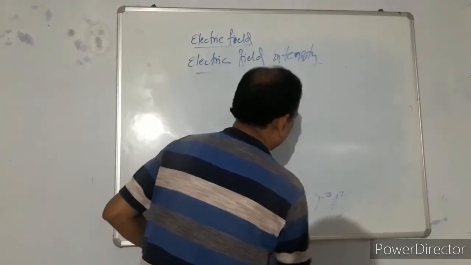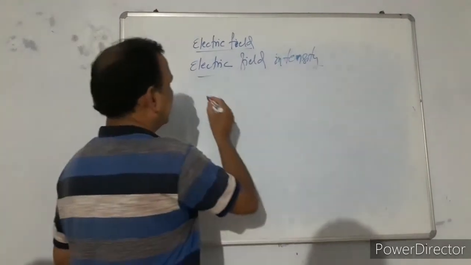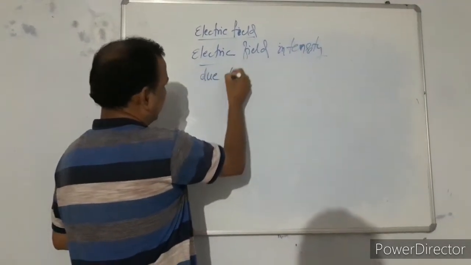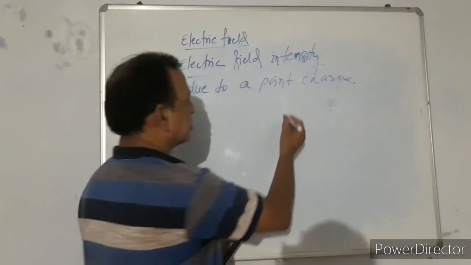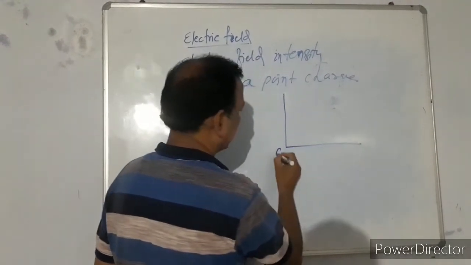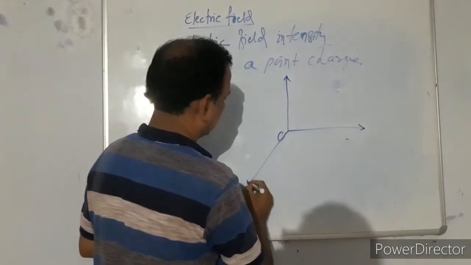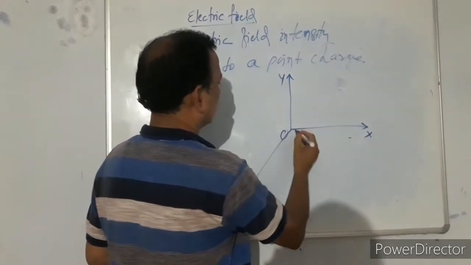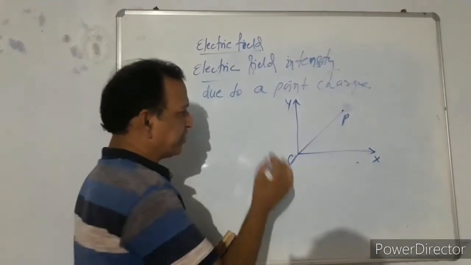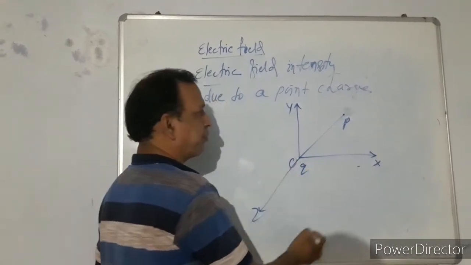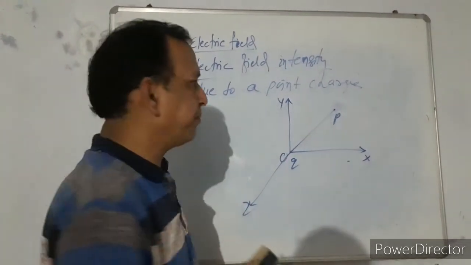Now, electric field intensity due to a point charge. Electric intensity due to a point charge situated at the origin. Let us consider a charge Q placed at O. P is a point at which we can find the electric field intensity.